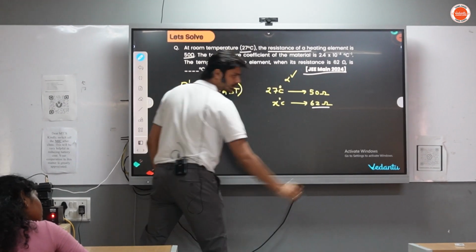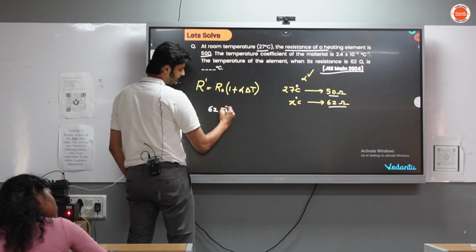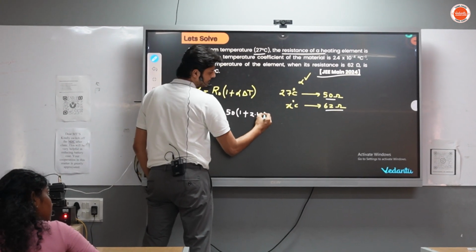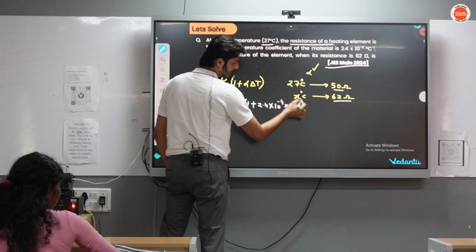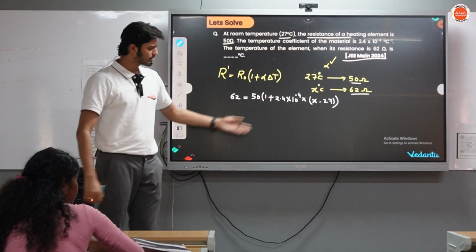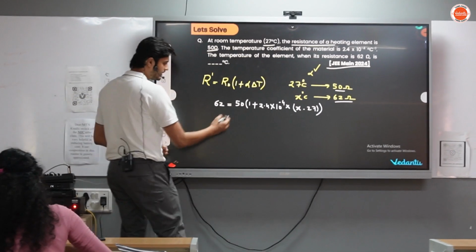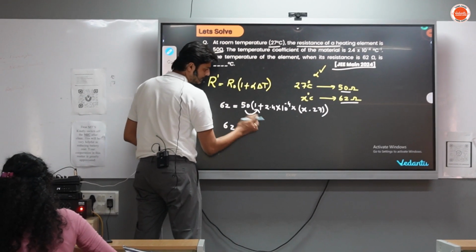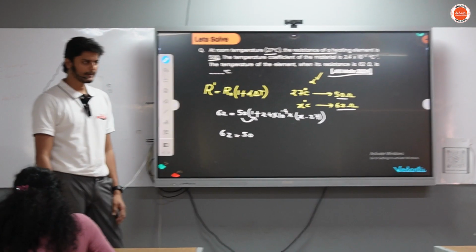New resistance is 62, equals old resistance 50, into 1 plus alpha, 2.4 into 10 power minus 4, into delta T. Delta T is x minus 27. Now solve for x, and that will give your answer. Quickly, multiply by 50 and you will get an answer: 62 equals 50 plus 50 into 2.4, 24 into 5 basically, right?